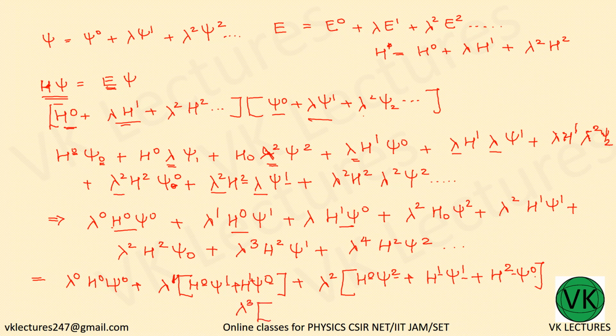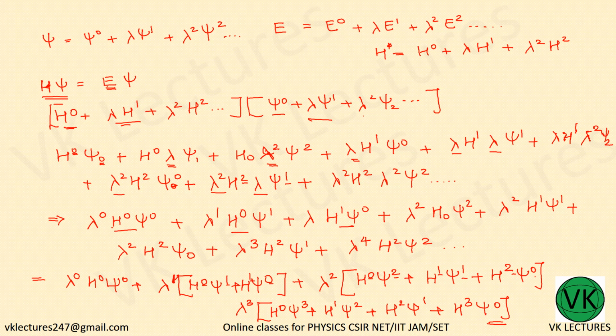It will be starting from H naught psi 3 plus H1 psi 2 plus H2 psi 1 plus H3 psi naught.